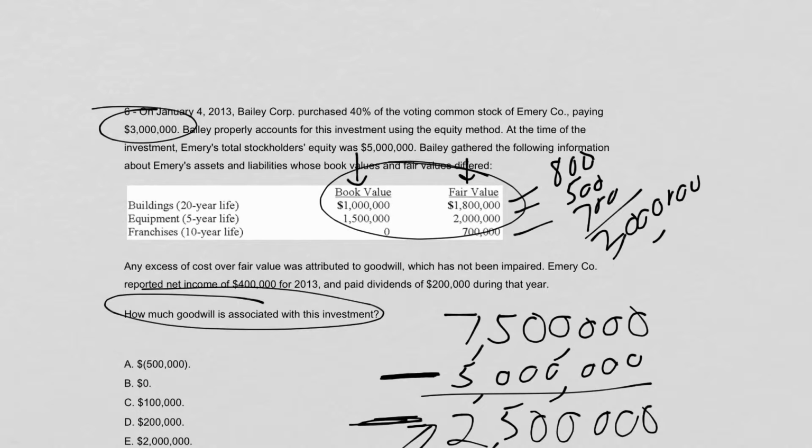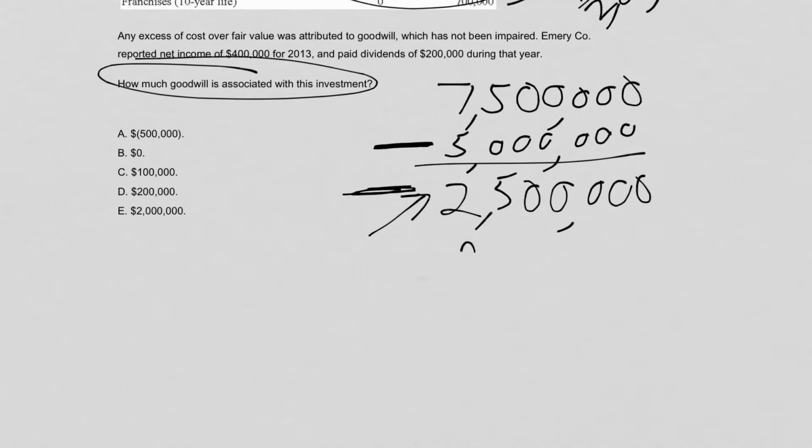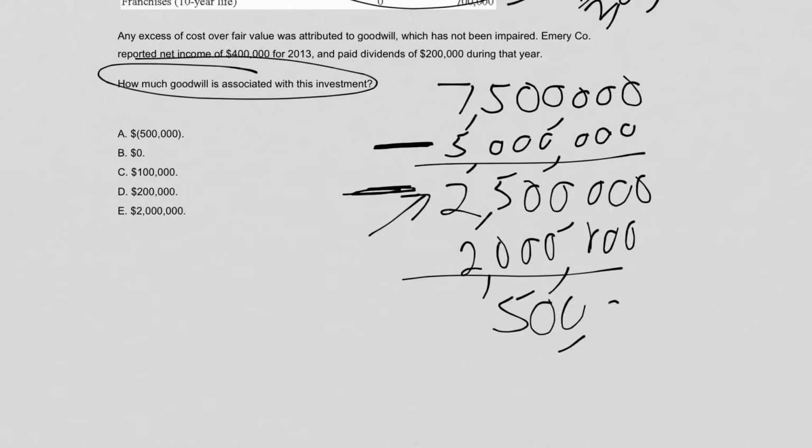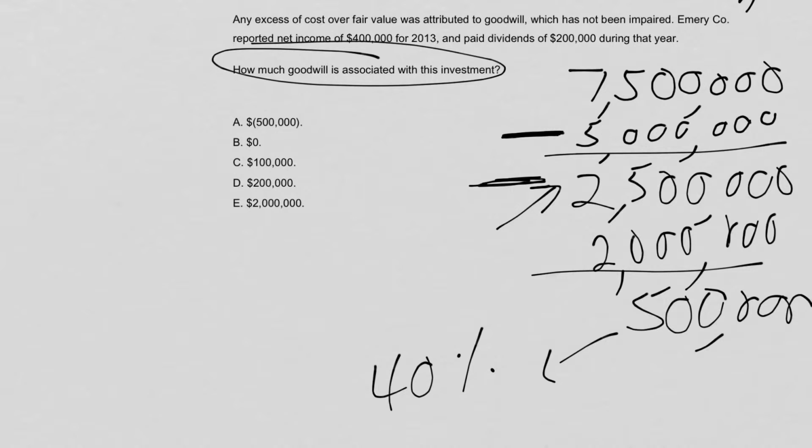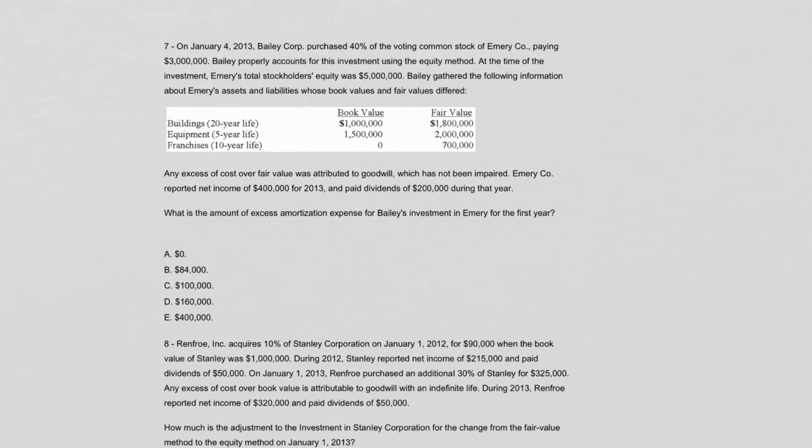That leaves $500,000 unexplained. And since they bought 40%, that tells us that the goodwill associated with this investment, meaning the goodwill of the 40% purchase, is $200,000. Correct answer.